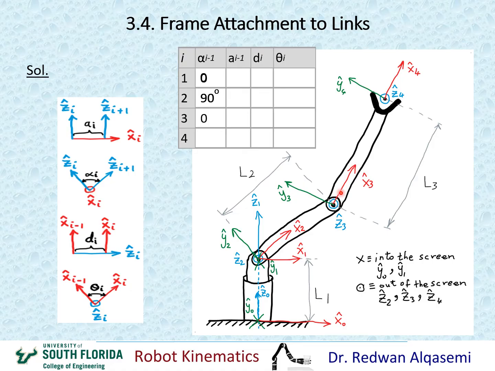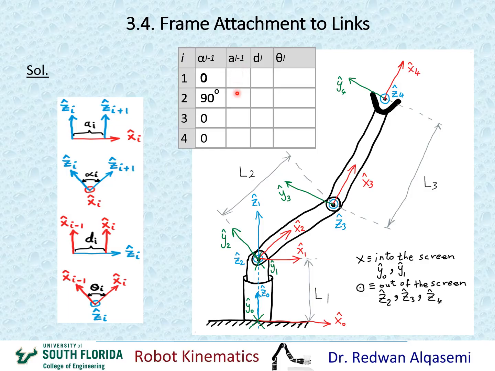So I'll put my thumb towards x3 and my forefingers towards z3 out of the screen, and see how I can go with my forefingers towards z4, which happens here to be in the same direction as z3, which means that the angle between z3 and z4 about x3 is also 0. So alpha 3 is 0, and that's what we're going to put here. All right, this finishes the alpha column right here.